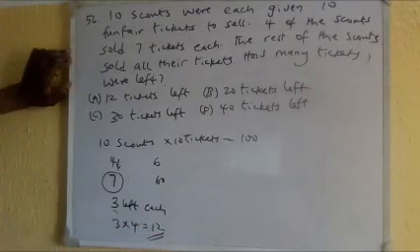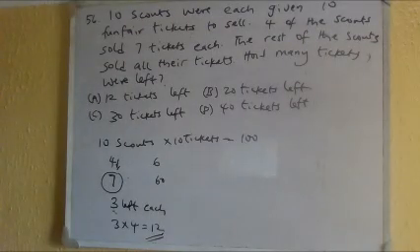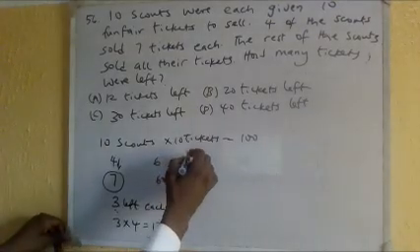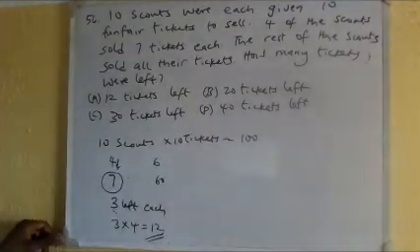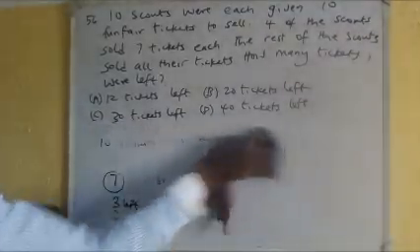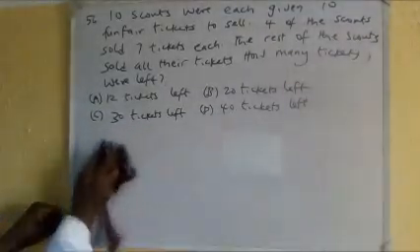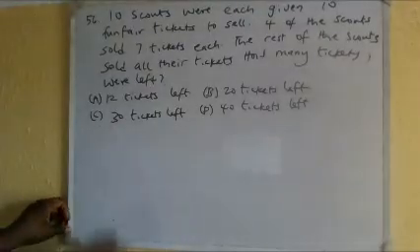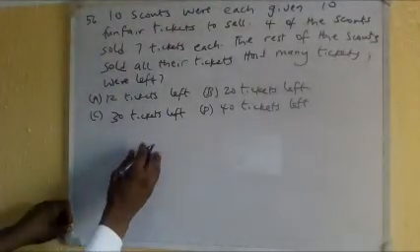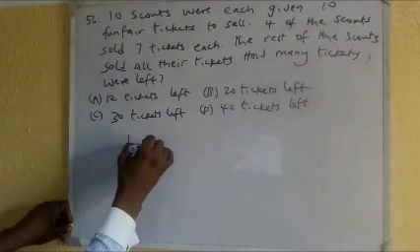Another way I can explain this: let me take this one off. If I have 10 scouts giving 10 tickets each, I have 1, 2, 3, 4, 5, 6, 7, 8, 9, 10 scouts.